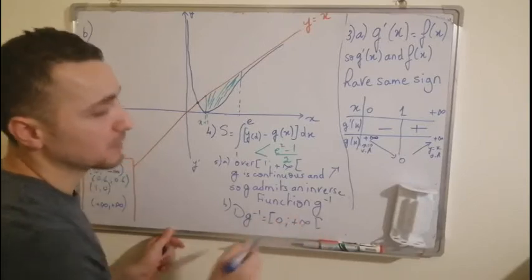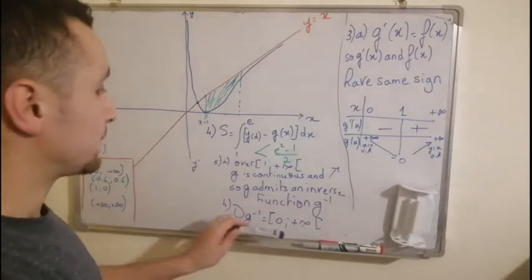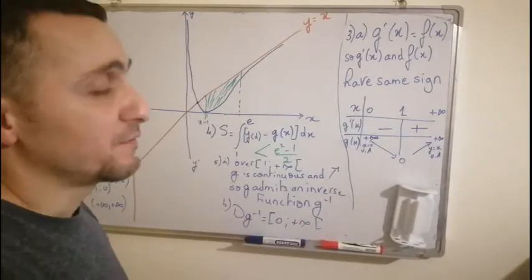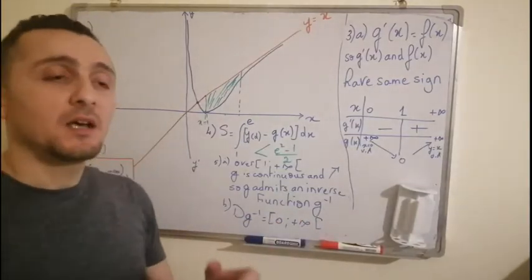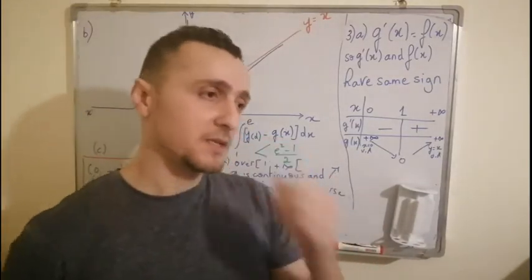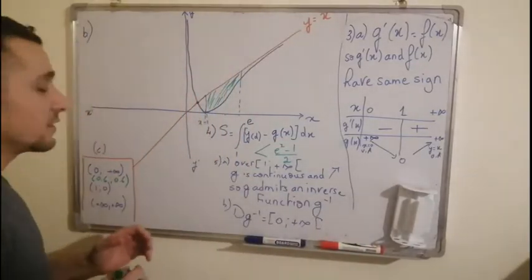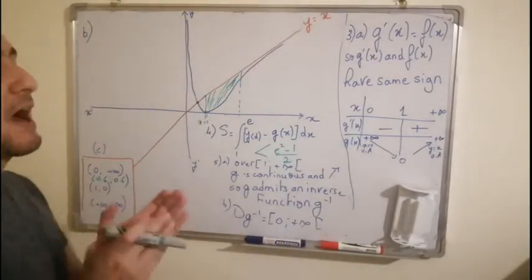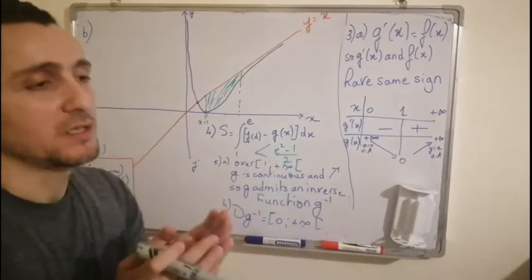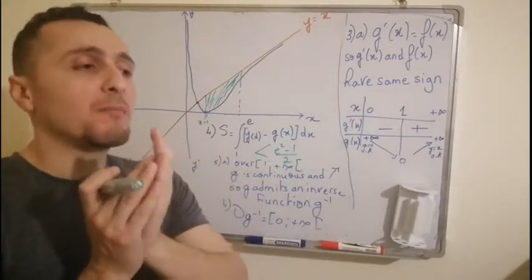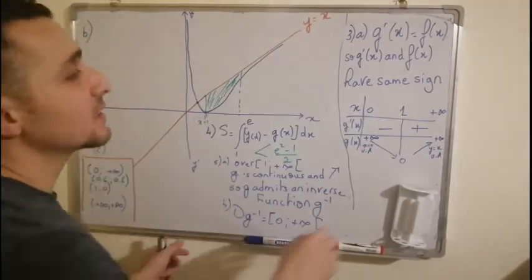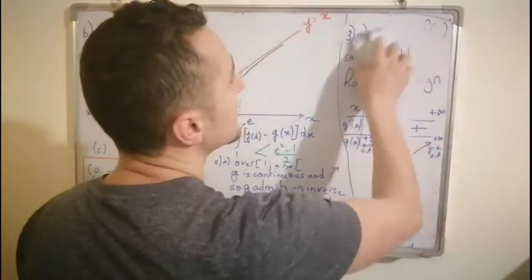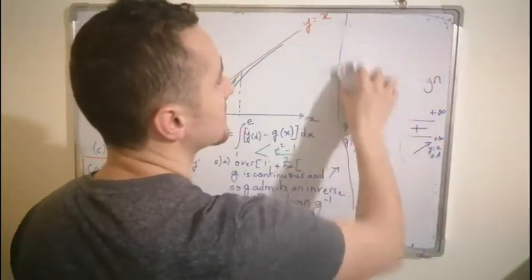To draw the curve of the function g minus 1, first of all, the two curves CG and CG minus 1 are symmetric with respect to the straight line y equals x.